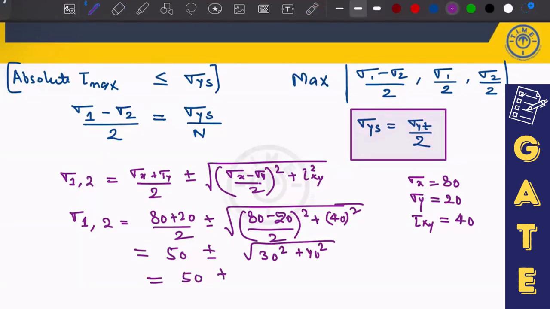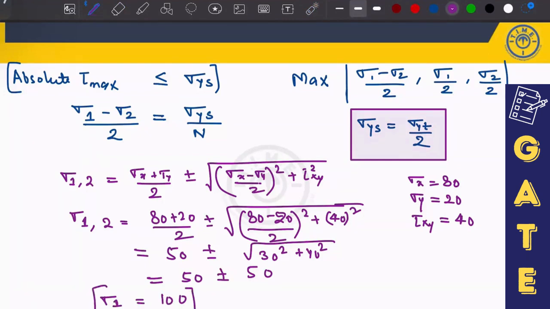Now from here you will get sigma 1 and sigma 2. The positive value corresponds to sigma 1, which is called the major principal stress. Sigma 2 is the minor principal stress. So can I write sigma 1 is 100 and sigma 2 is 0?